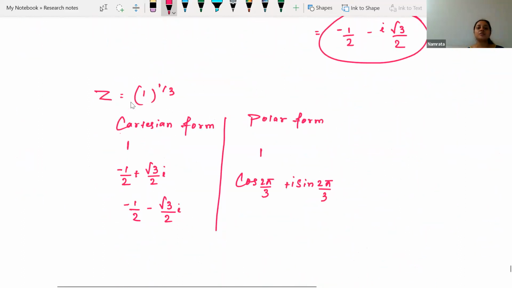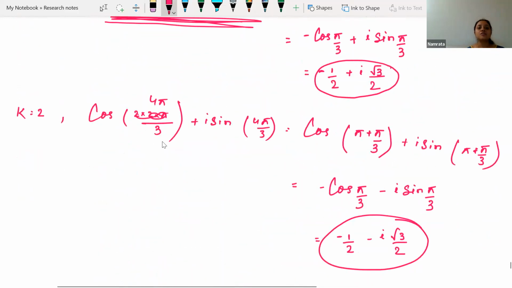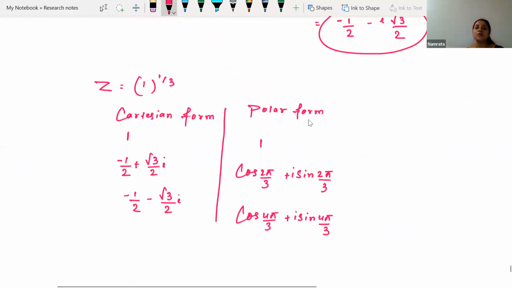So in polar form, it was 2 pi by 3, then the next one was cos 4 pi by 3 plus I sine 4 pi by 3. This one is our result in polar form.